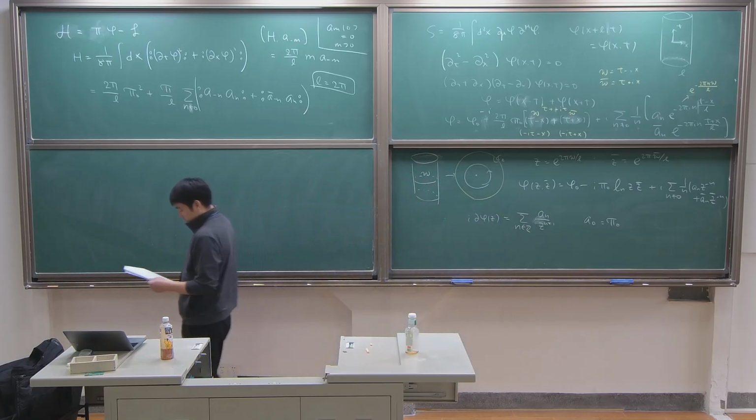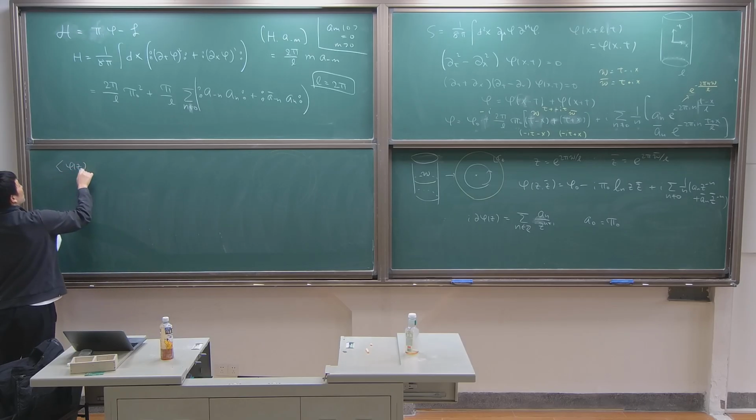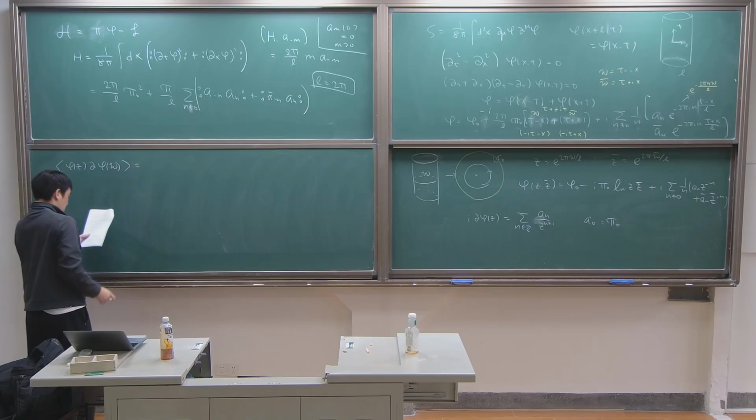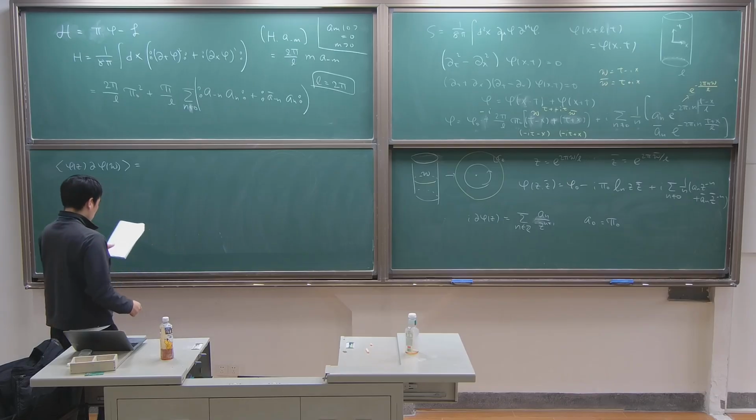So now we consider the two-point function for two operators, phi of z and phi of w. You consider this one and just plug it into here.